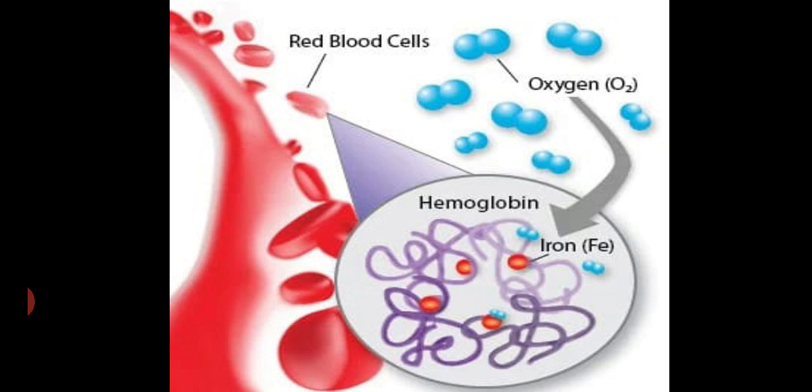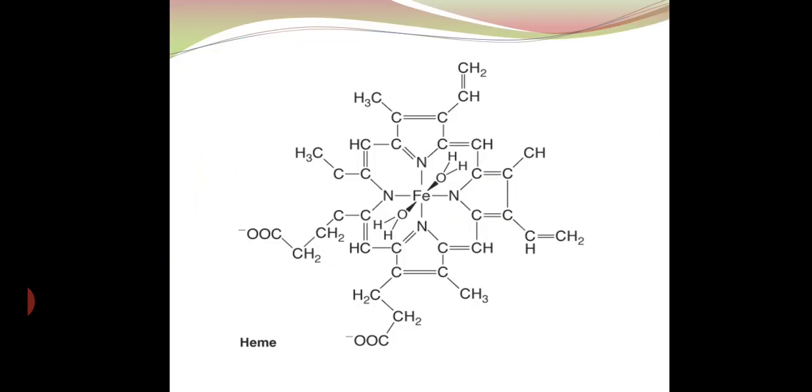Four heme compounds are combined, forming a conjugated protein. This is the structure of hemoglobin, and this is the internal structure of the heme molecule.